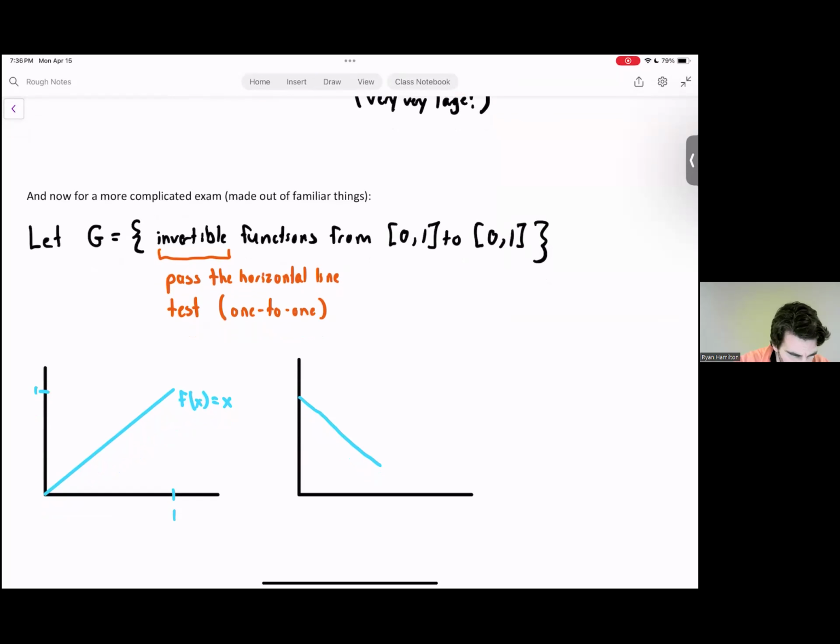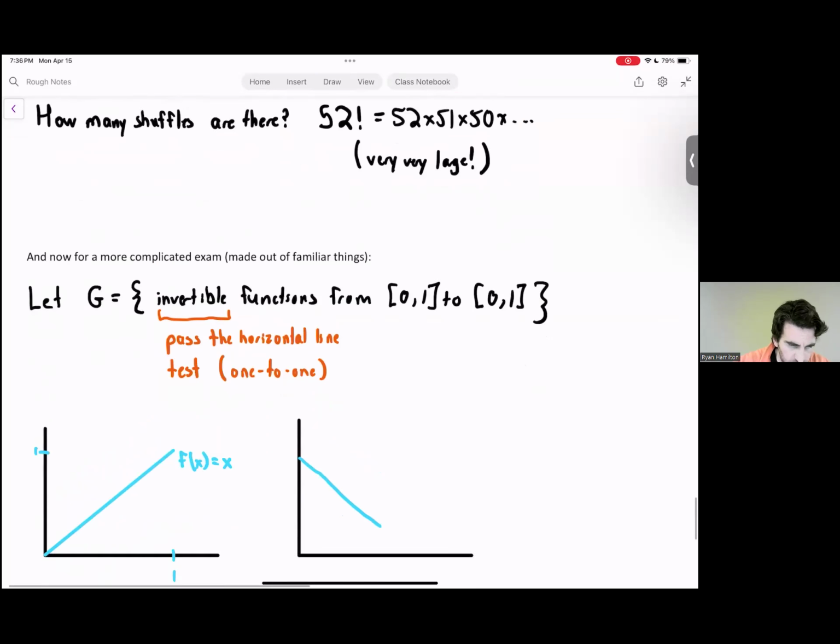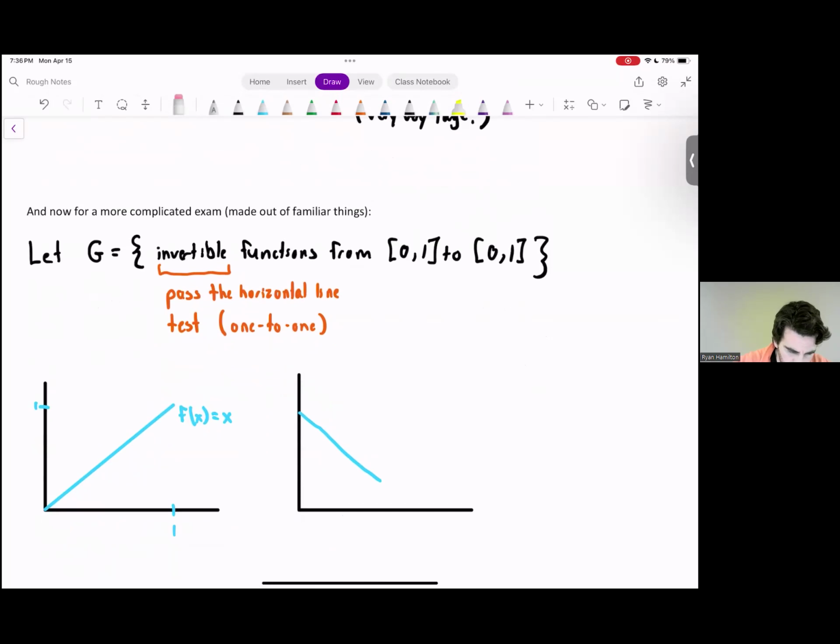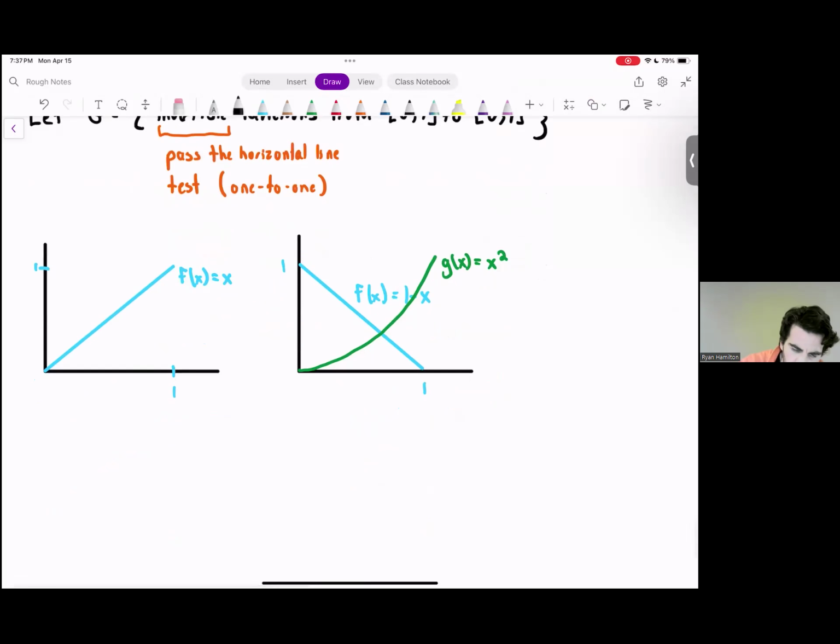Oh, I lost my confidence in drawing a straight line. So now we're back to square one. So this is f of x equals 1 minus x. Okay, I could throw in something like g of x equals x squared. That's another one. And you can get pretty fancy with these.